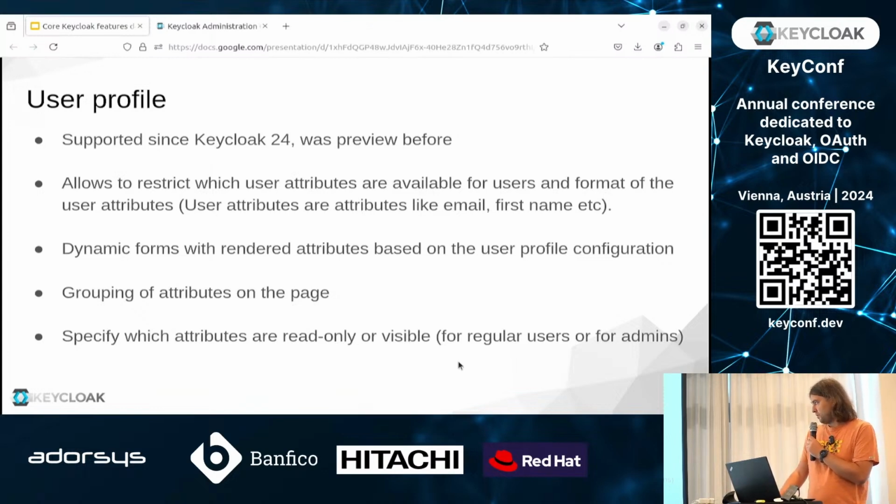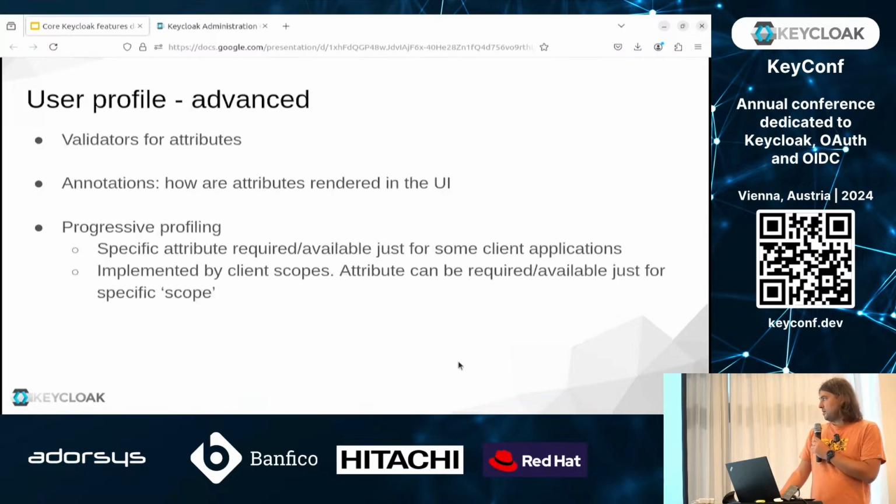We have dynamic forms with rendered attributes based on the user profile configuration, and some support for grouping of attributes on the page. So some related attributes can be grouped together for a better experience of users. There is ability to specify which attributes are read-only or visible for regular users or for administrators.